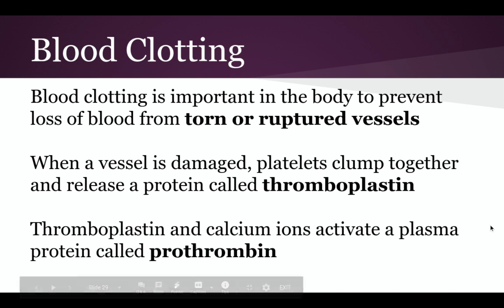Okay, so blood clotting is important in the body to prevent loss of blood from a torn or ruptured vessel, whether it's in the body or outside the body. When a vessel is damaged, the platelets clump together and release a protein called thromboplastin. This thromboplastin and calcium ions activate a plasma protein called prothrombin.